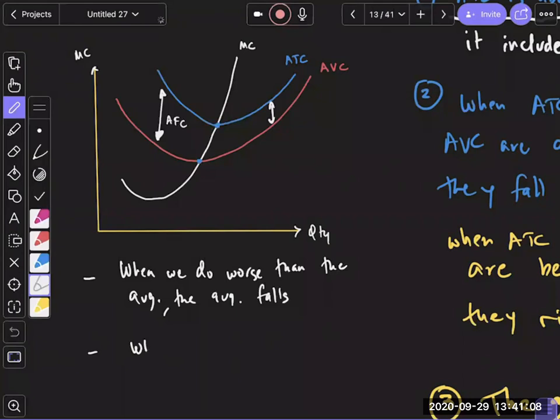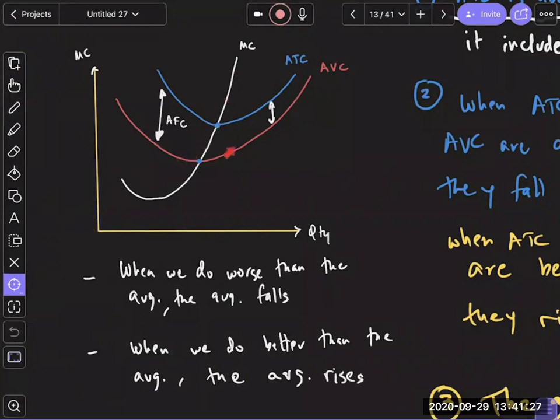And when we do better than the average, it rises. When MC is above AVC, when your extra cost is more than the average cost, it makes the average cost go up. Do you guys get that? Does that make sense?